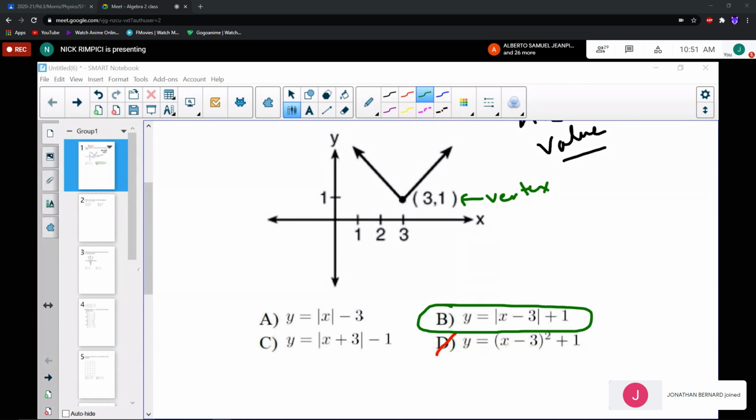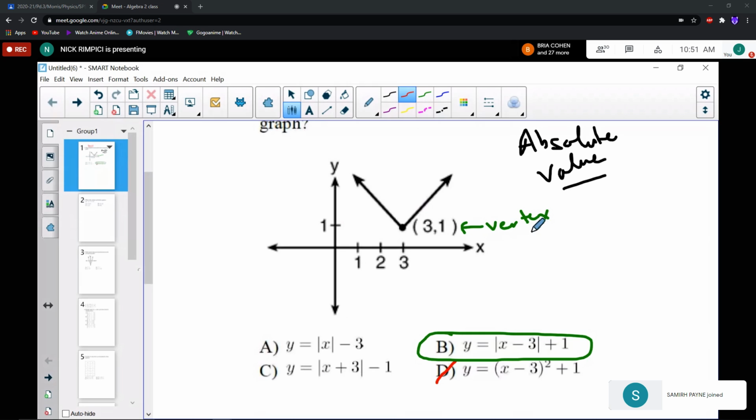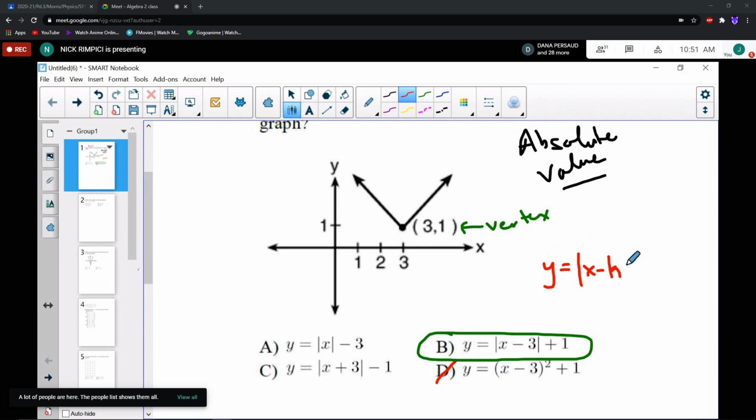No. Sure, sit down. One way of doing this is to just know the equation, which is in your notes from the first week. The equation for an absolute value is this: y equals the absolute value of x minus h, plus k.